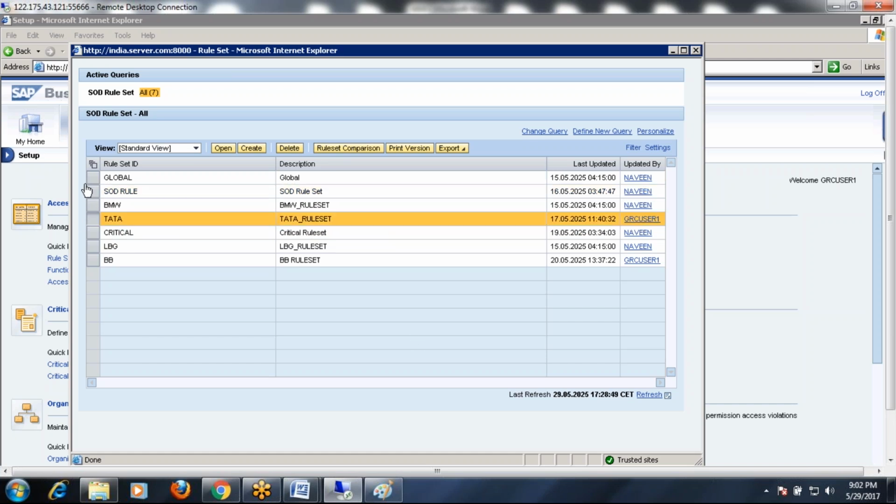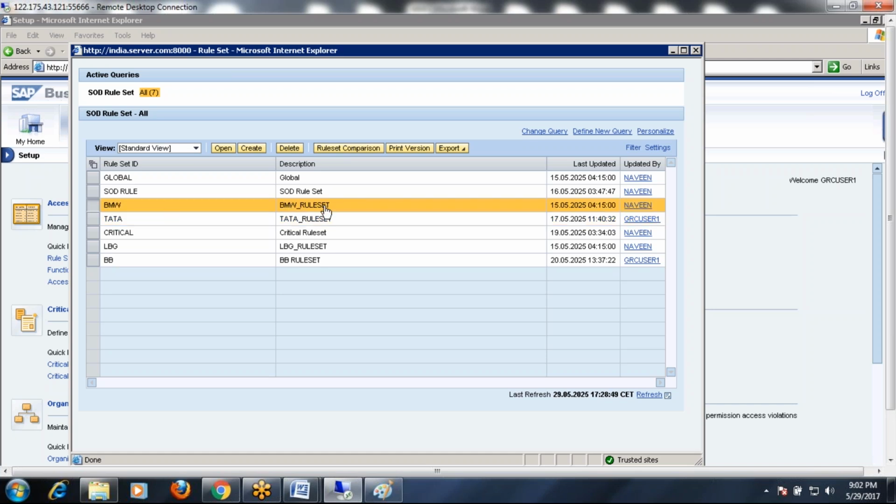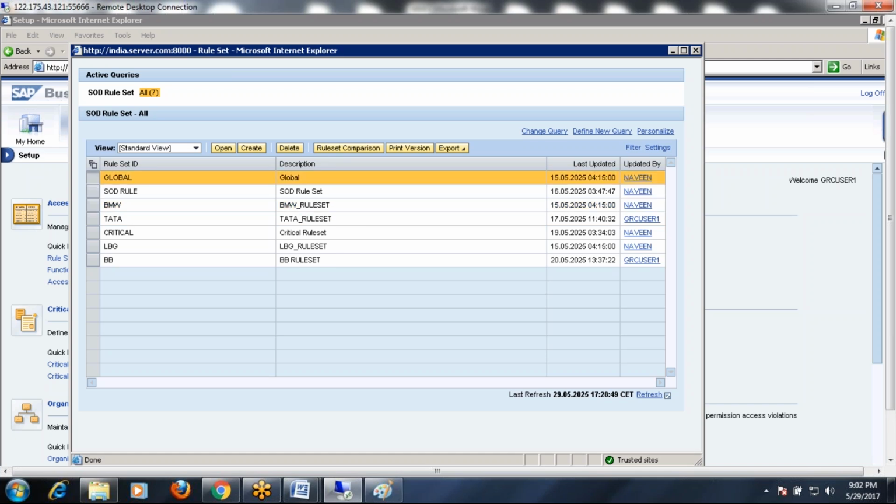So you can put whatever name you need, as per your project. Suppose your project client is BMW, you can put the rule set name as BMW rule set. But by default, when you see a fresh system, only global is available to you. This is only the name.